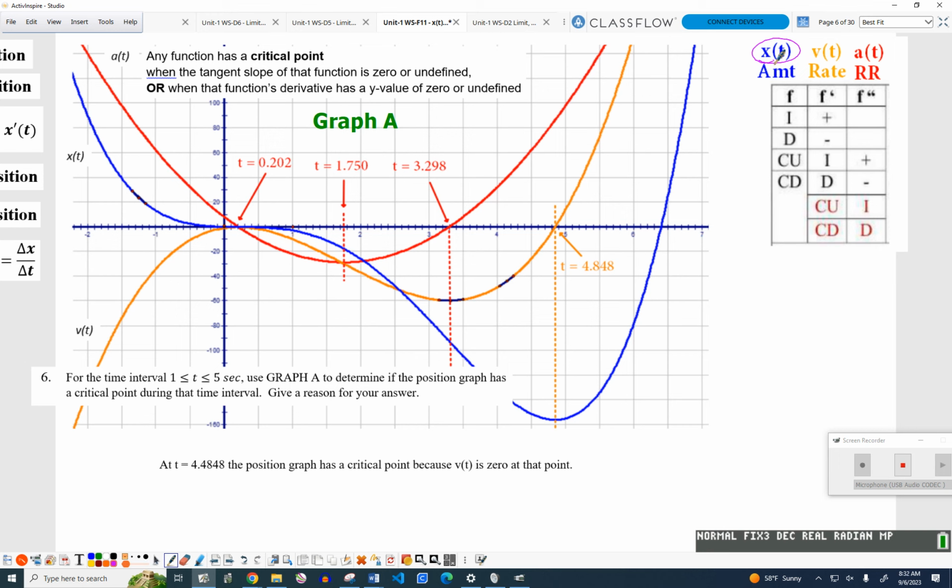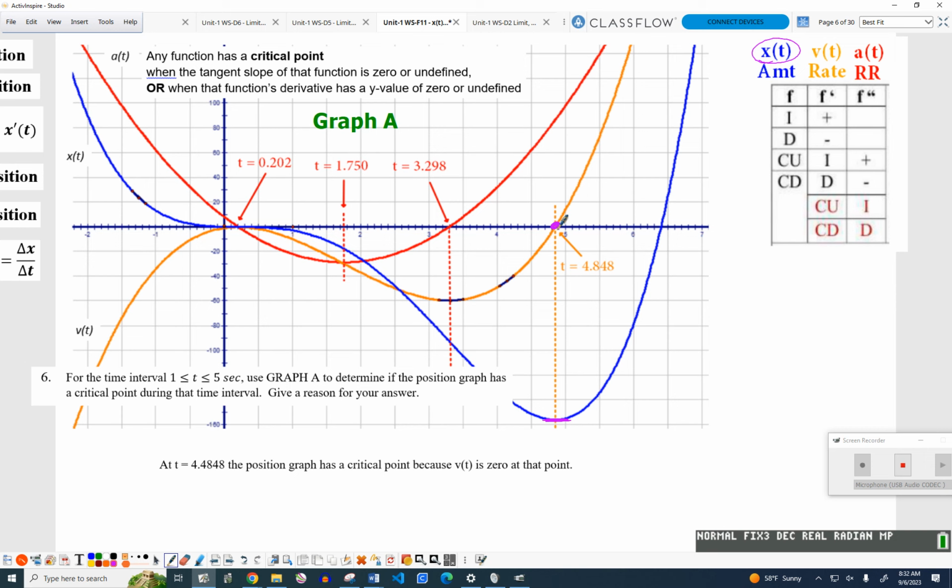We don't have any examples of undefined yet, so don't worry about that. We'll get to that later. In this packet, that doesn't ever happen. So all I'm looking for is, on the position graph, is there ever a place where the slope of position is 0? I could have found that by finding the y-coordinate of the velocity to be 0. That's finding a critical point on the position graph.